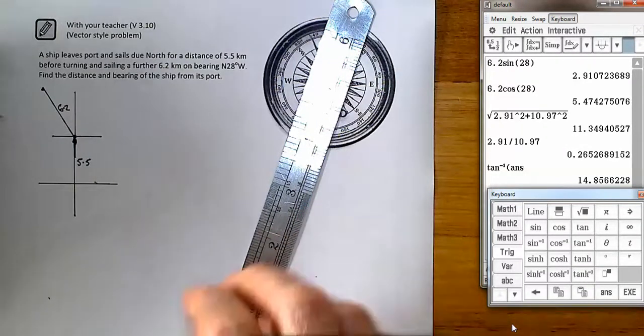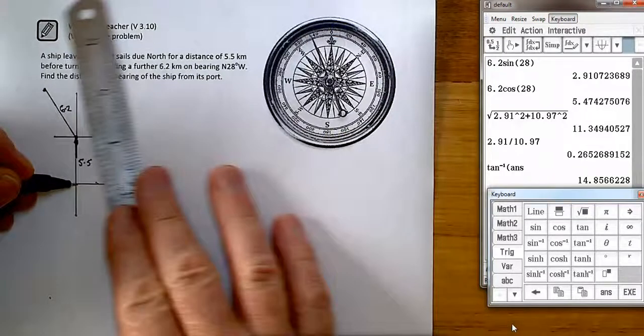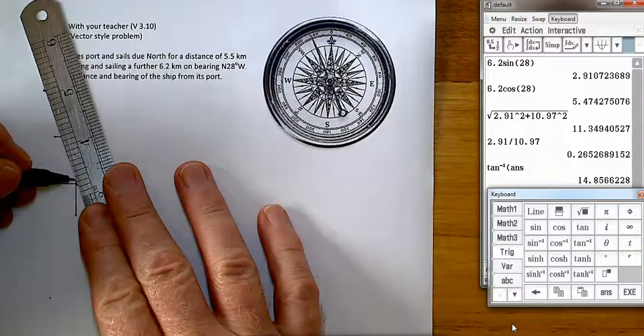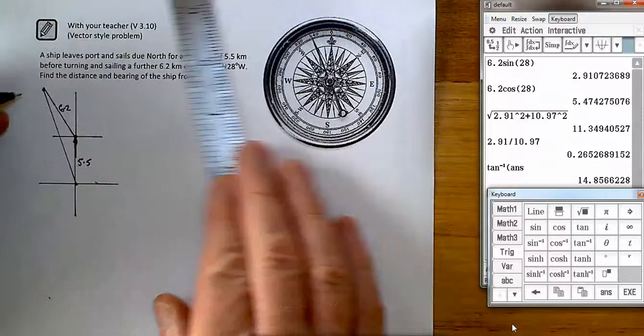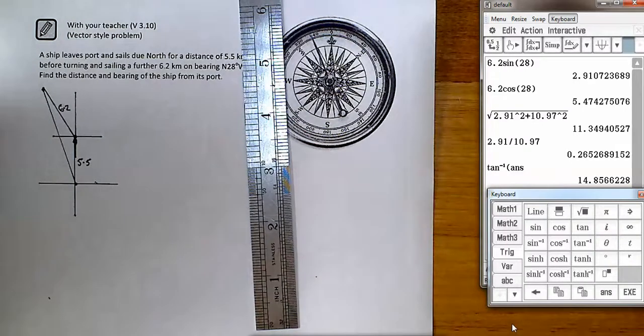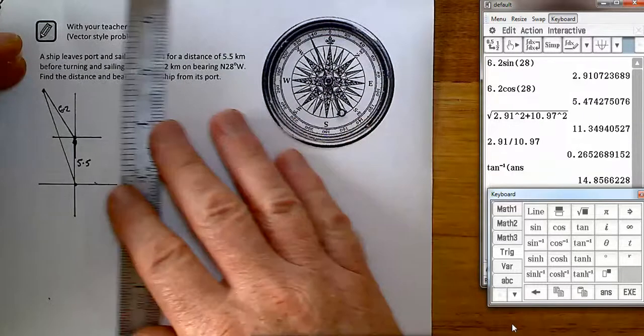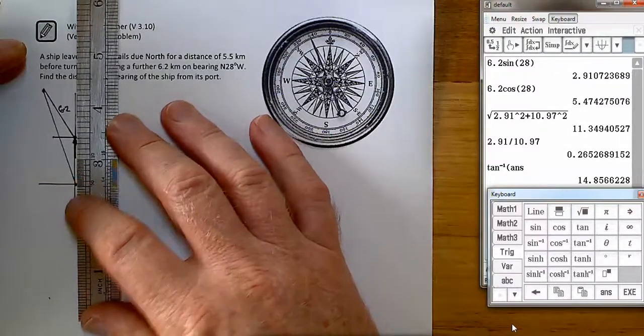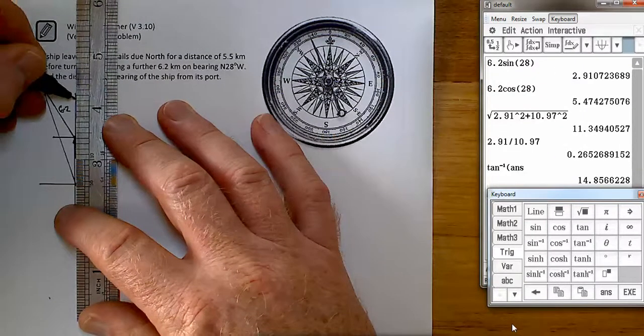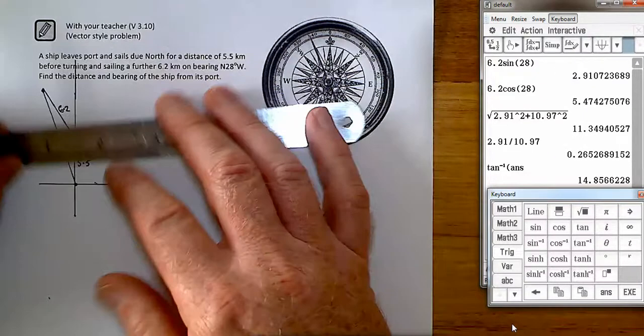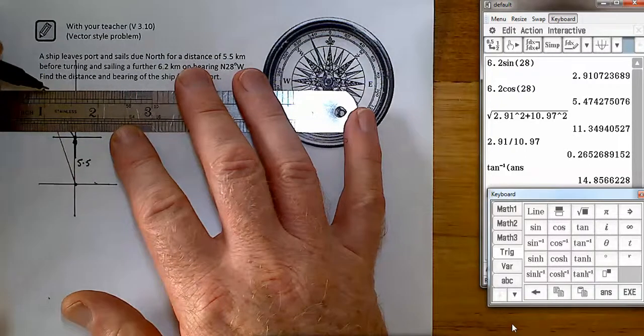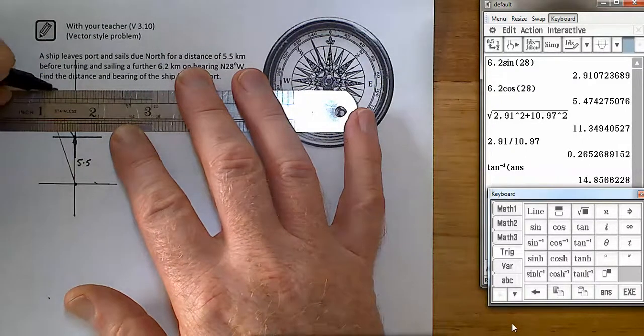Now our job is to find out the distance it is and its bearing from the starting point. First thing is, you'll notice it's not in a right angled triangle, and all the trig that we've done is associated with right angled triangles. You could make it into a right angled triangle if we were to get this line here, just make it a bit bigger, and then connect this back here, this direction, to the east.